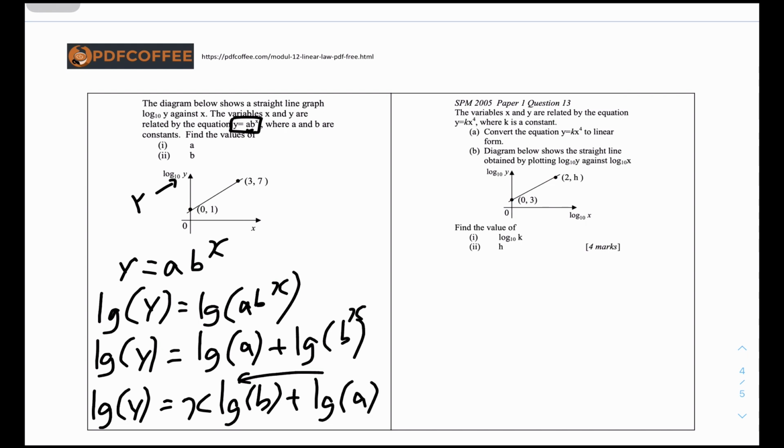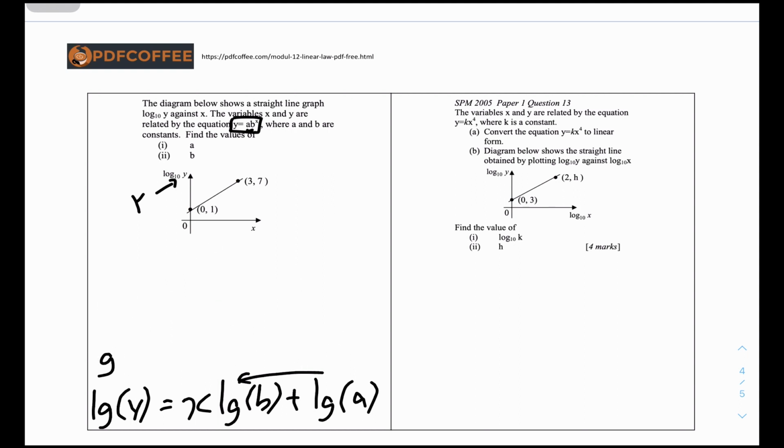And if we rewrite the equation to show the form of y equals mx plus c, we can just write it on top here. The equation that we have is log y equals log b x plus log a.